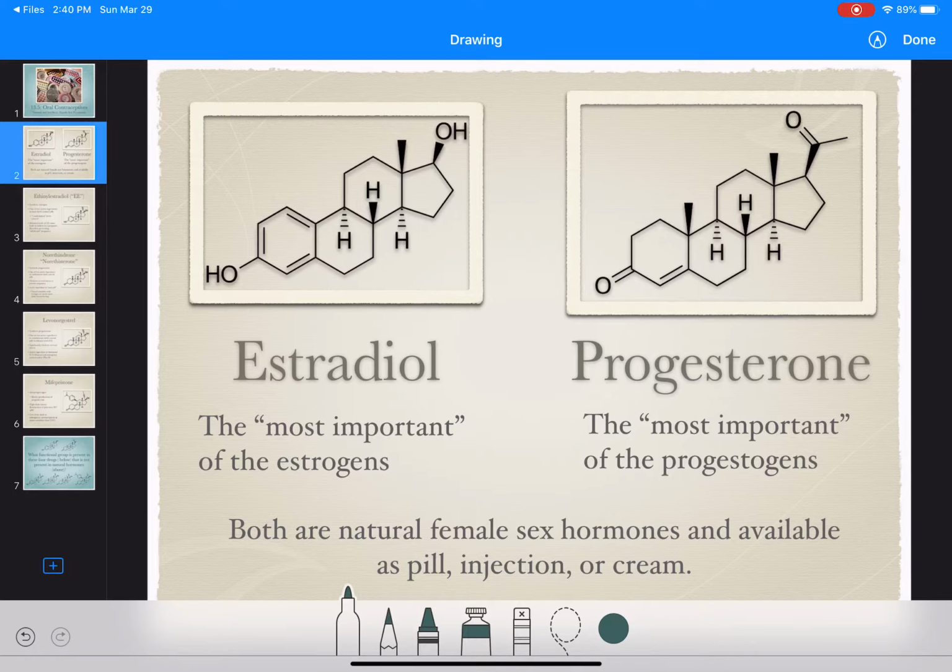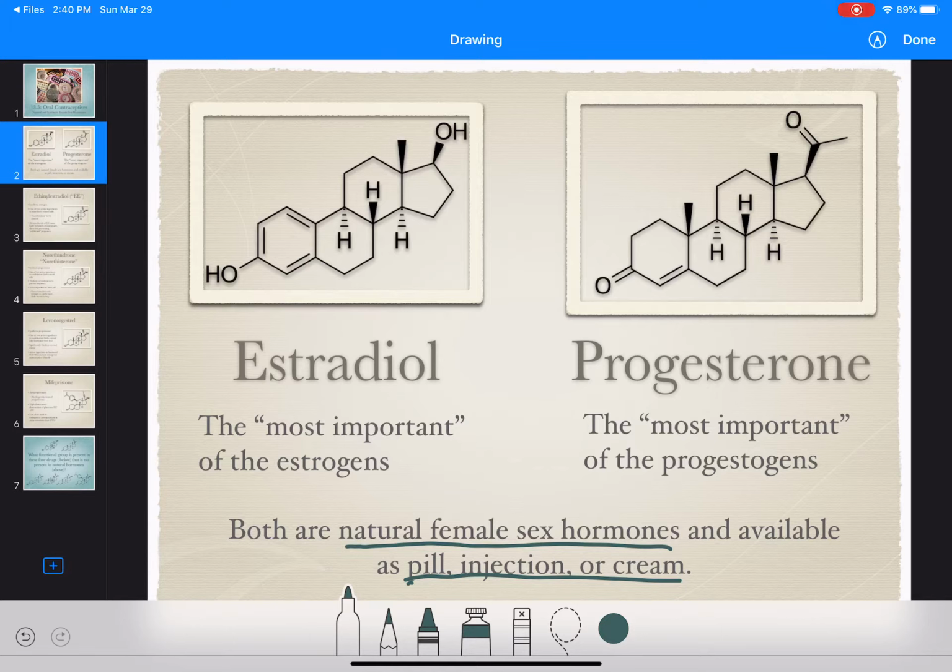These are the structures of two hormones. These are naturally produced female sex hormones. So us females, our bodies produce both of these hormones naturally, and they're also available by prescription as a pill or an injection or as a cream.